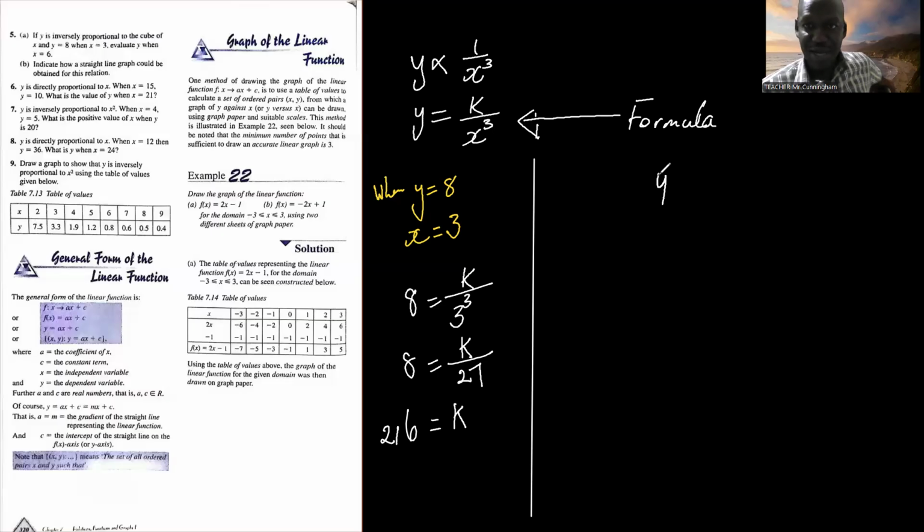Jada, what we have to do from here is rewrite the formula, which was Y equals K over X to the third power. So Y is equal to, we know what K is, 216 over X to the third power.